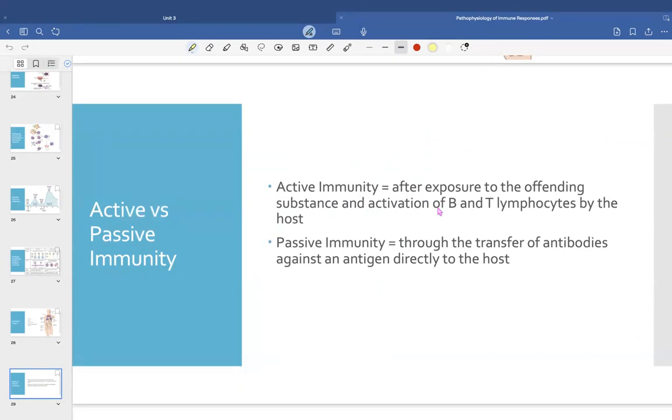And passive immunity is when we give somebody immunoglobulins or antibodies from somebody else.